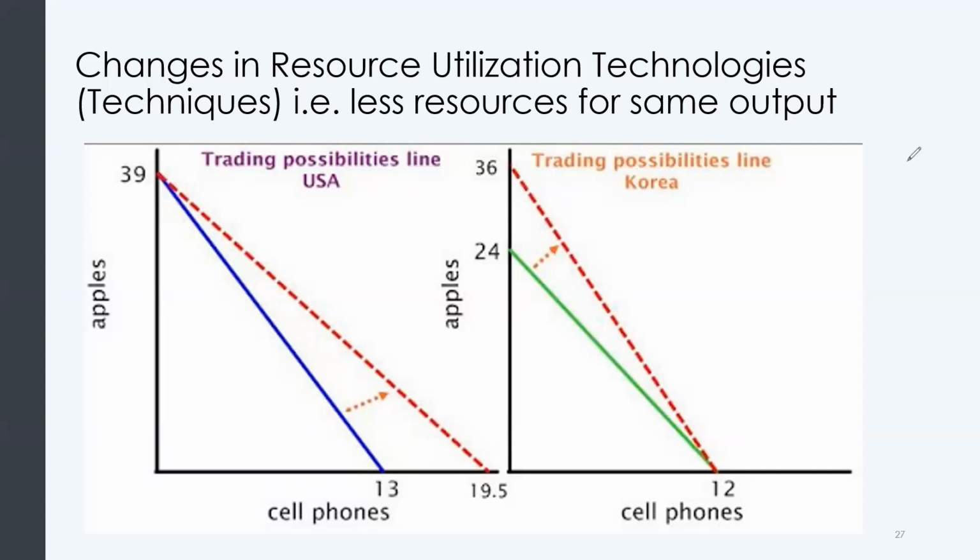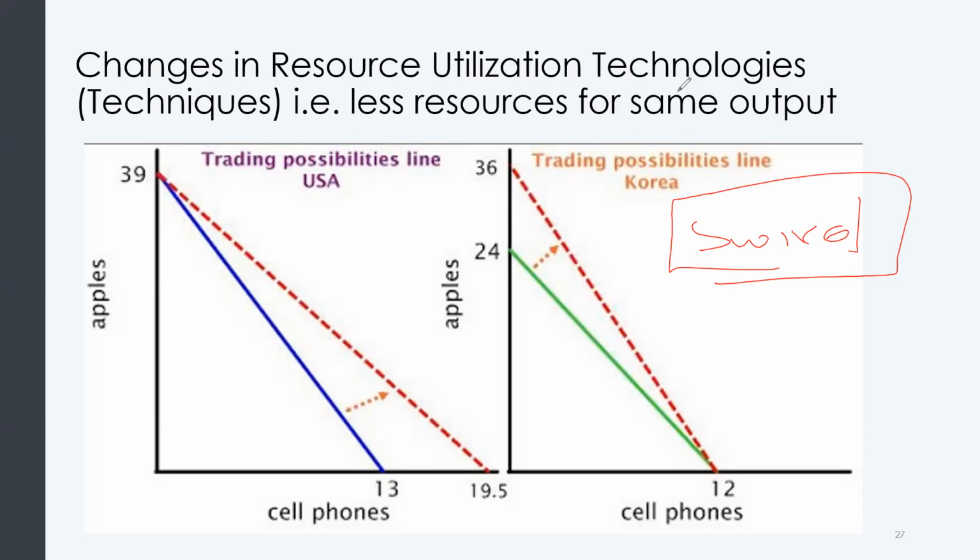It does not benefit all of the products in that country, it is only benefiting one product. So that will result in what we call a swivel of the PPC, a movement on only one side of the PPC. So that's what it means.